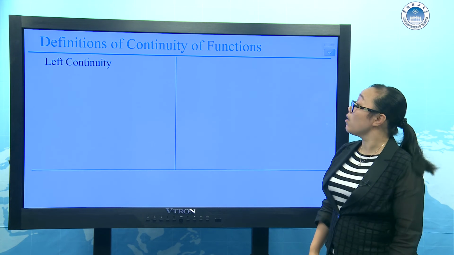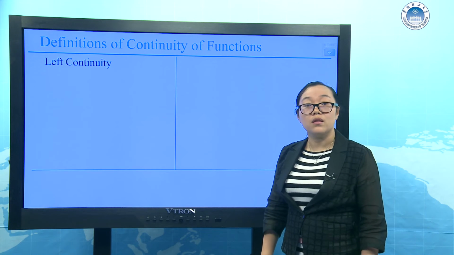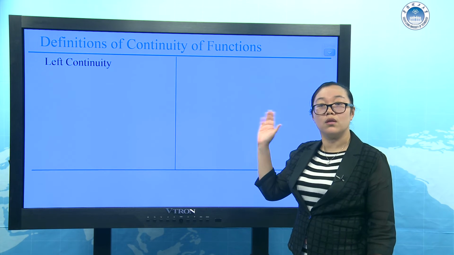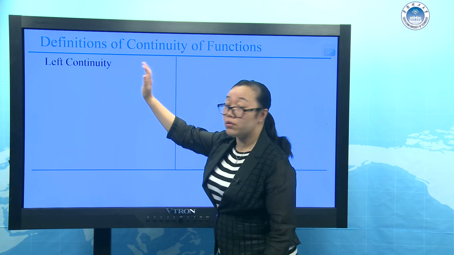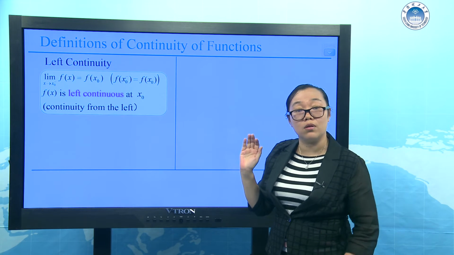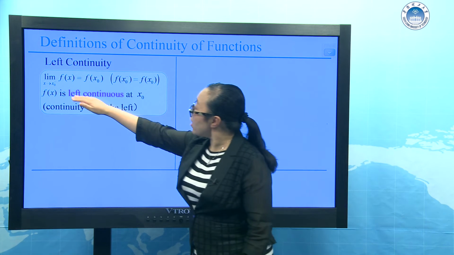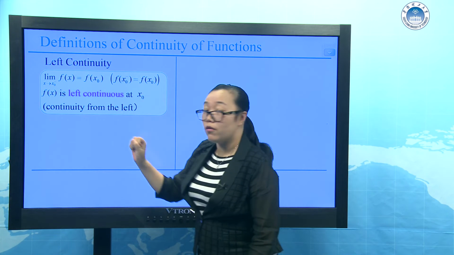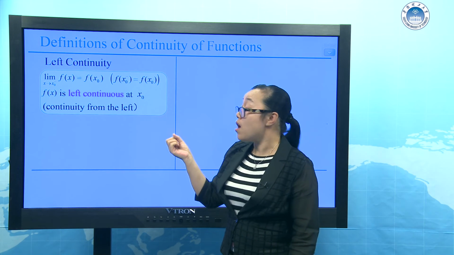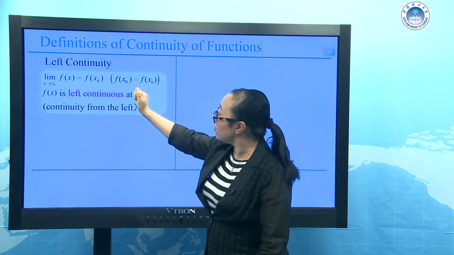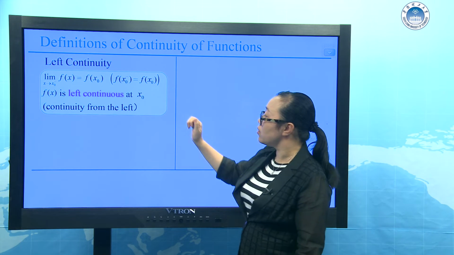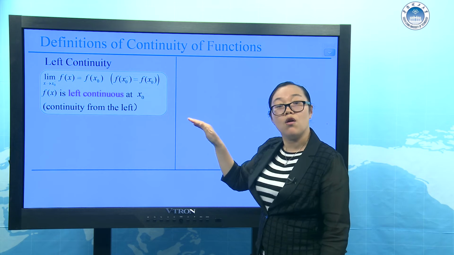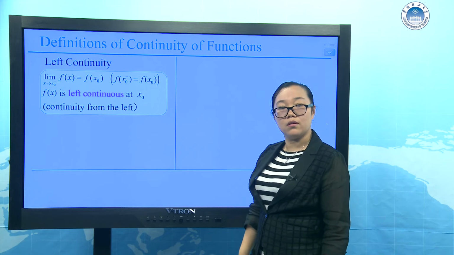Now look at another definition, the definitions of continuity from one side. The first, left continuity. What does left continuity mean? The limit as x tends to x0 from the left side of f(x) equals f(x0). This means f(x) is left continuous, meaning continuity from the left side.